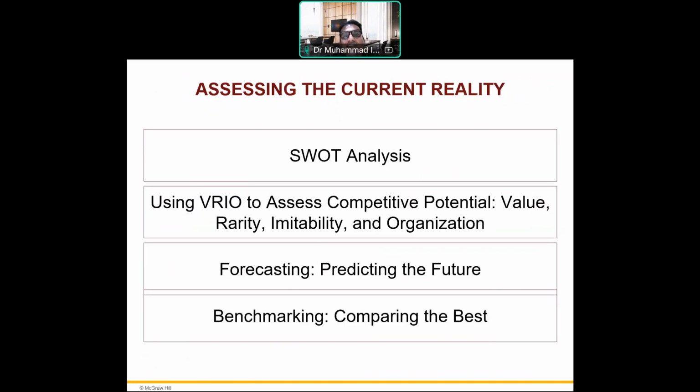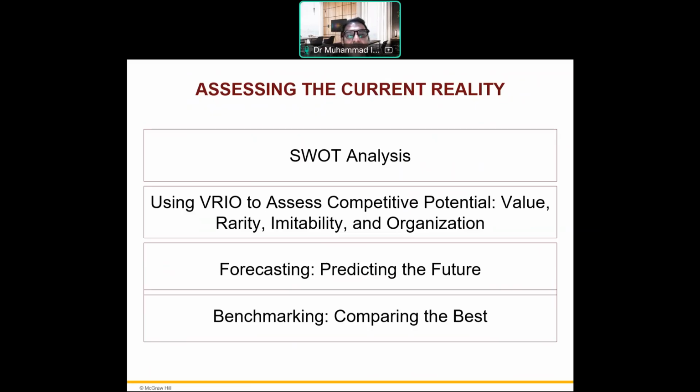So, assessing the current reality. My dear students, here are some tools and researches to evaluate the current situation, our strategy development, executions, and evaluations.